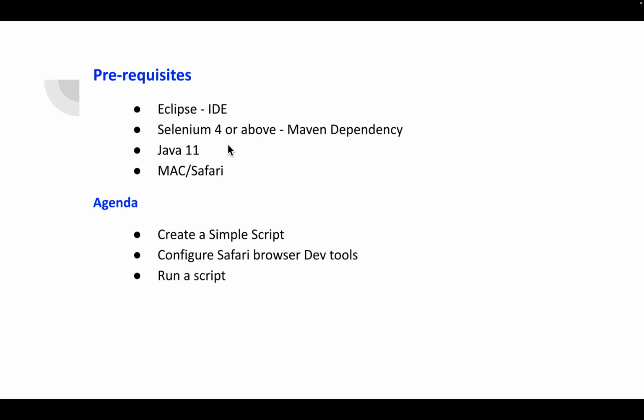And you should have Java 11 installed in your machine because Selenium 4 or above versions don't support Java 8 anymore. And also you should have a Mac operating system and Safari browser.